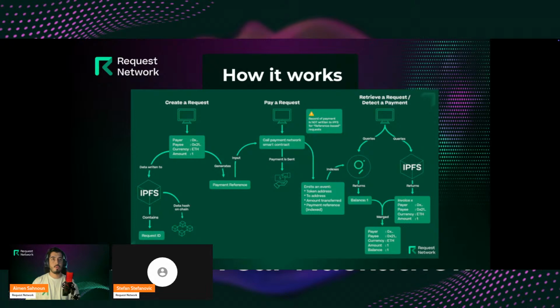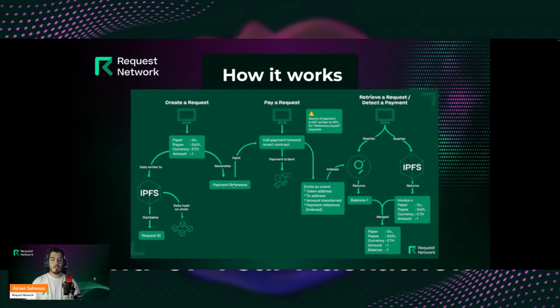This contextual data is then written into IPFS. Once we get the hash from IPFS, we store it on chain on our smart contract. Each request is linked to a payment reference, and this payment reference is then passed into our smart contracts during payment in order to detect when a payment happens.